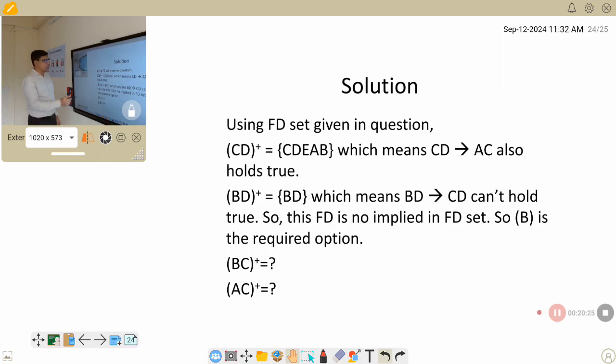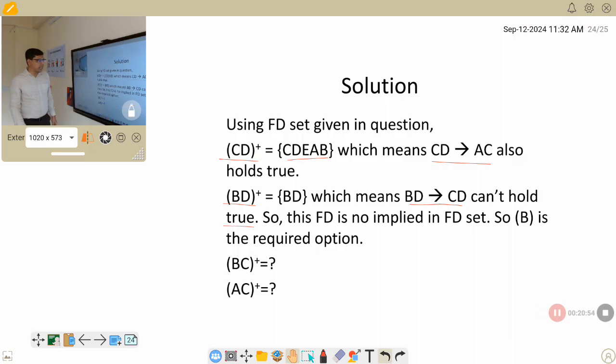At first we check the closure of CD. From the functional dependencies this also holds true, which means CD arrow AC holds, and you can find the closure of CD. Again, for BD plus, BD arrow CD cannot hold true.